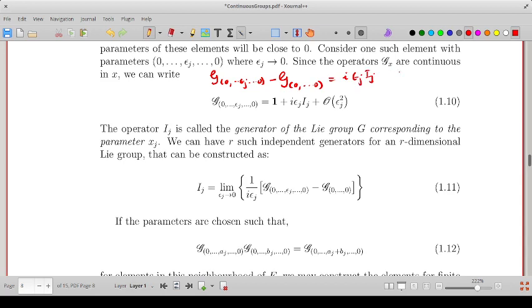Now I take epsilon_j tend to 0, and therefore I may neglect the other terms, or in other words, this would be order of epsilon_j square.